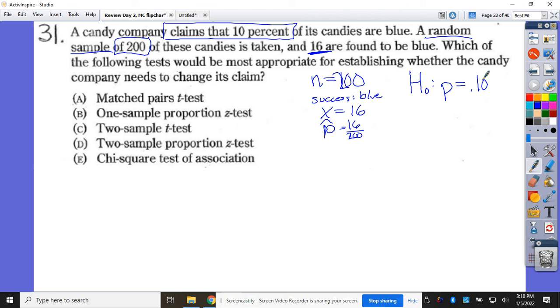Looking at my answer choices, what did I definitely not do there? Mean. I definitely didn't do mean. What else, looking at my answer choices? Two sample. I didn't do anything with two sample. We talked about chi-square already. If it's not chi-square goodness of fit, I would have a what? True.